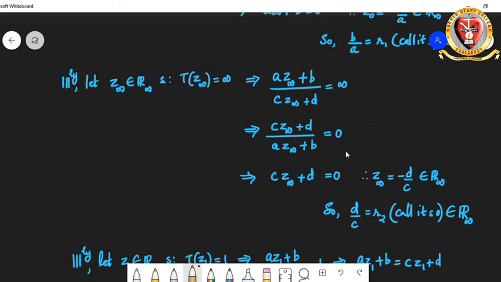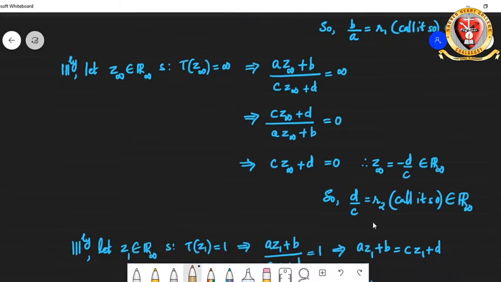So from that we get Z infinity is equal to minus D by C. That is also a real number, since Z infinity is taken from R infinity, so D by C is in turn a real number and we are calling it R2.